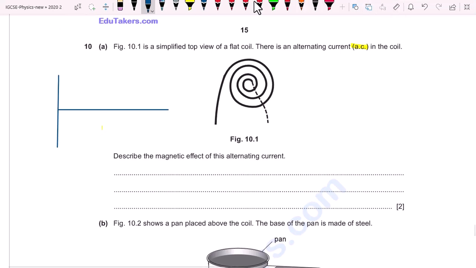Now I draw the alternating current here. The waveform of alternating current will be just like this.